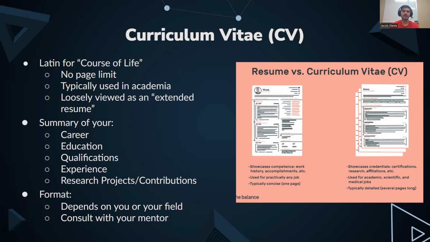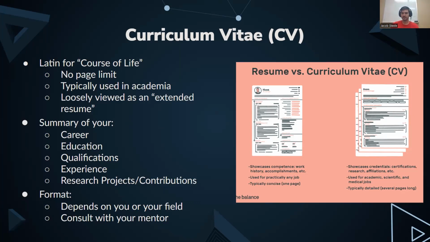And they are loosely viewed as an extended resume. So it's basically everything you've ever done in your career. So it's going to be a summary of your career, your education, your qualifications, your experiences, research projects and contributions, publications as well. Their formatting is going to be very dependent on field.